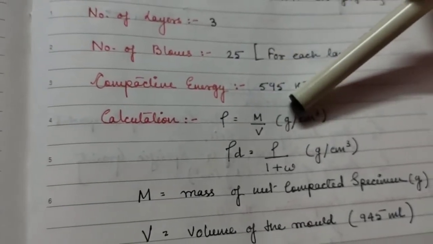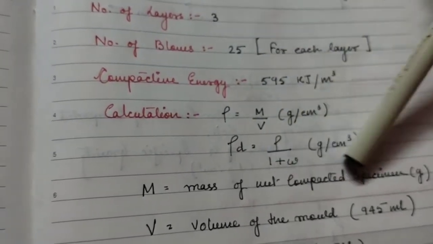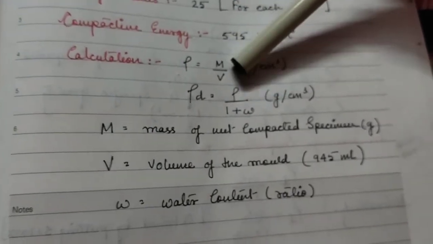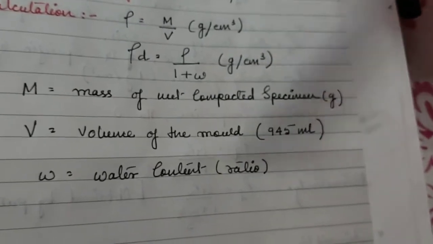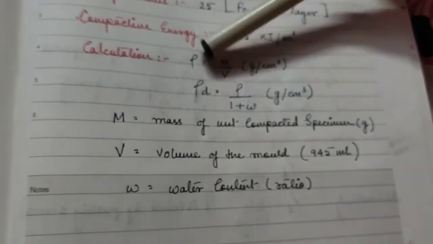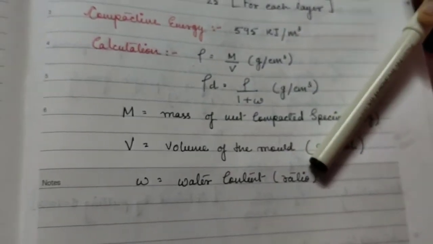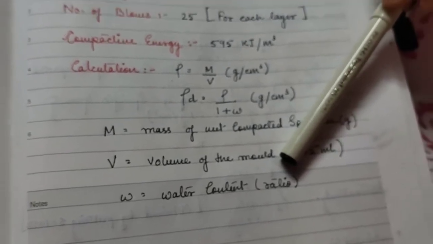This mass is represented in gram. M is the mass of the wet compacted specimen, given in gram. V is the volume of the mold, which is 945 milliliter. Gamma d is the dry density of the soil, and W is the water content of the soil, given as a ratio.